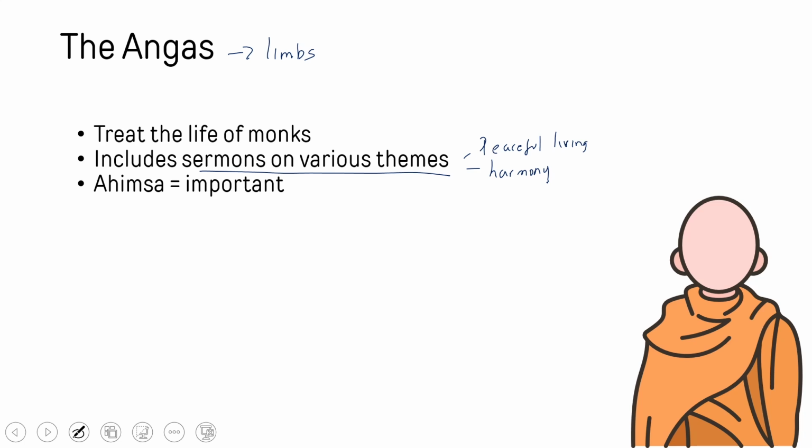As we know, there is also a subsection of this which is called the Upanga. But when we focus on the Angas, the word Anga basically means limbs, but also what has come out from the mouth of the Lord, in this case, Mahavira.